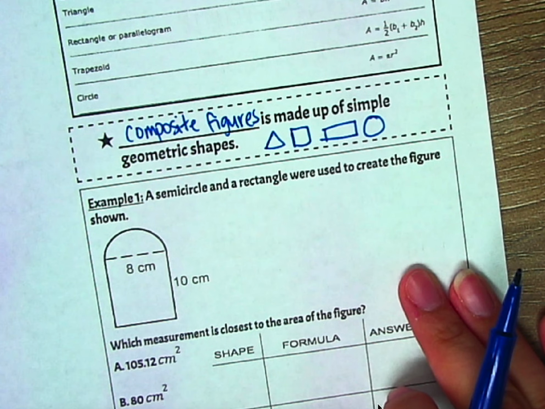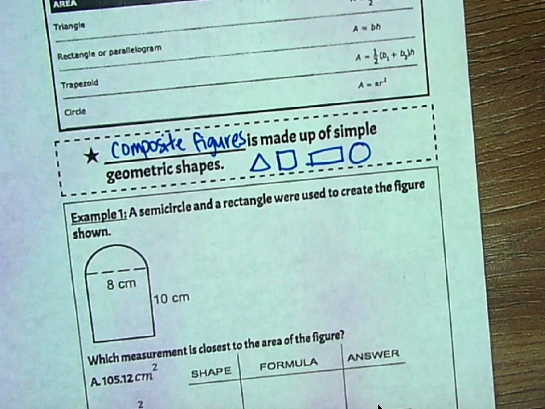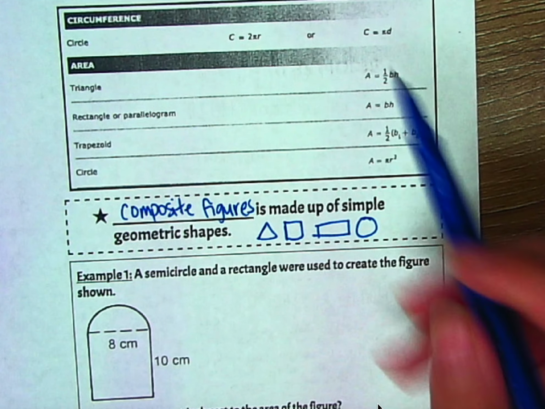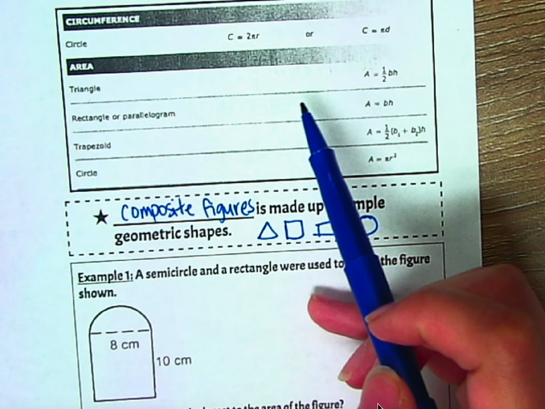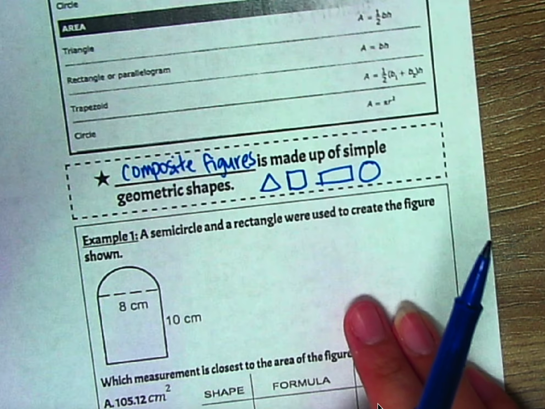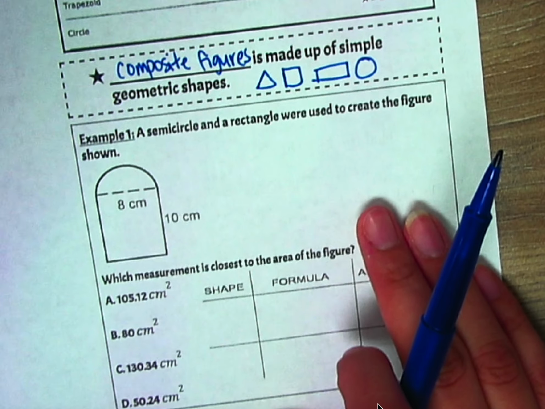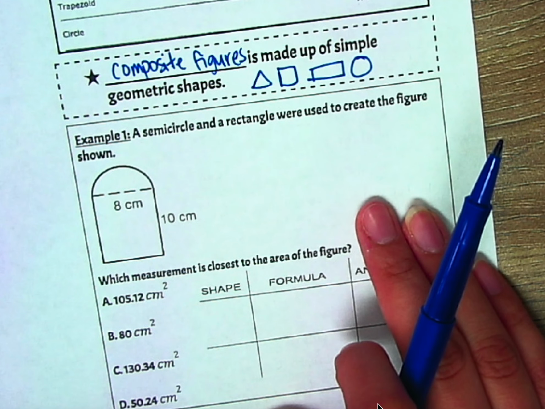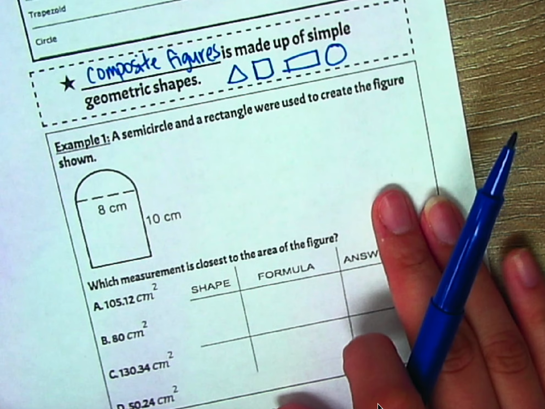Okay. So what we did yesterday was we found the area of different shapes, but now we're going to put that together. So example 1 says a semicircle and a rectangle were used to create the figure shown.